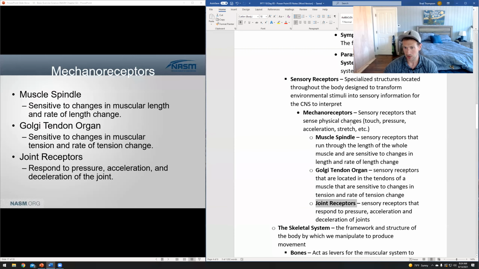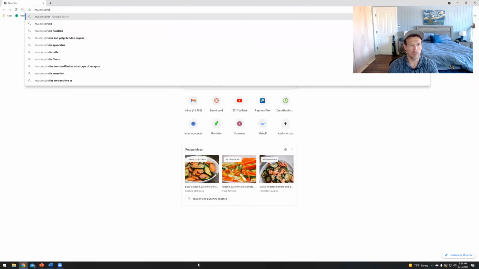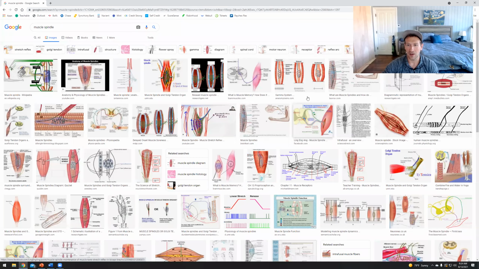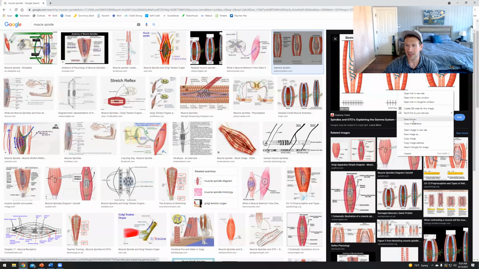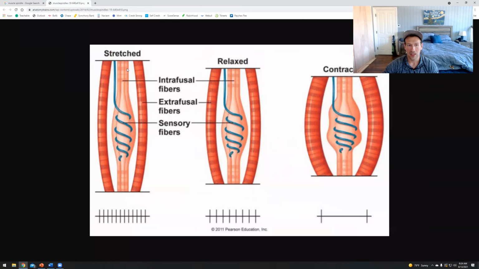and joint receptors. Okay, so a muscle spindle is a sensory receptor. And I'm going to pull up a picture here. It's a sensory receptor that runs the length of your muscle, and it looks something like this, right? You can see it's like a coil that wraps around your muscle fibers, okay?